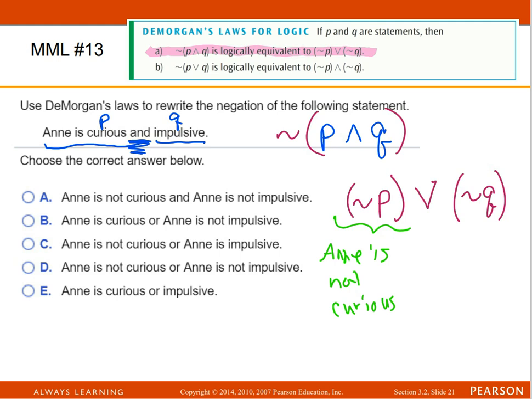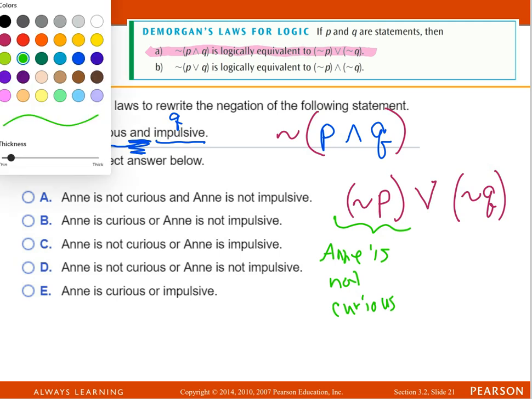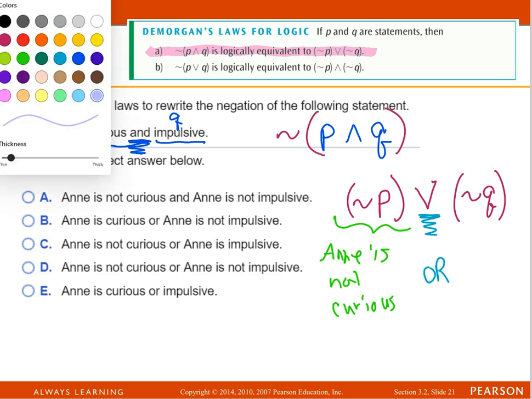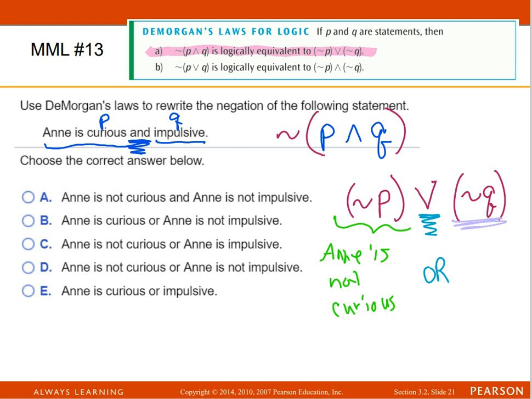Curious, spelling counts. And then this is an or. And then we come over to this one, or Anne is not impulsive.